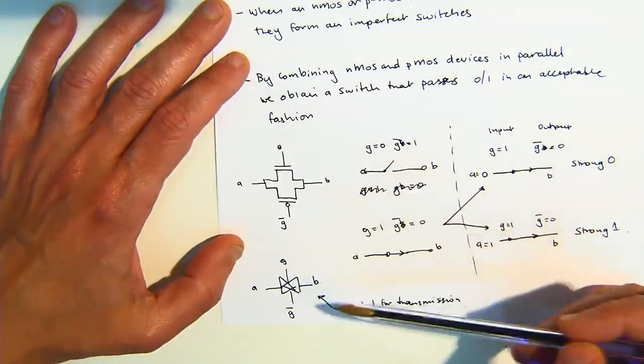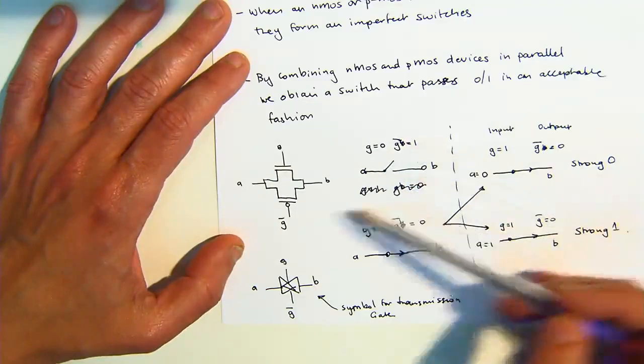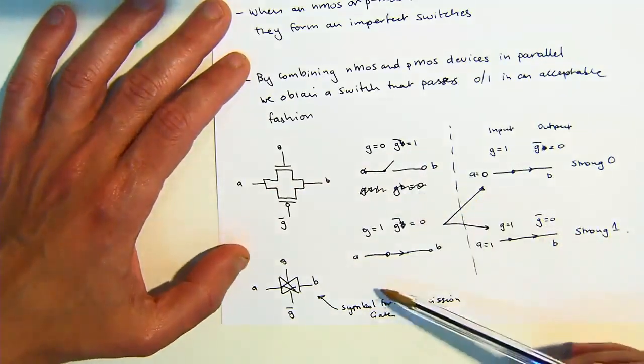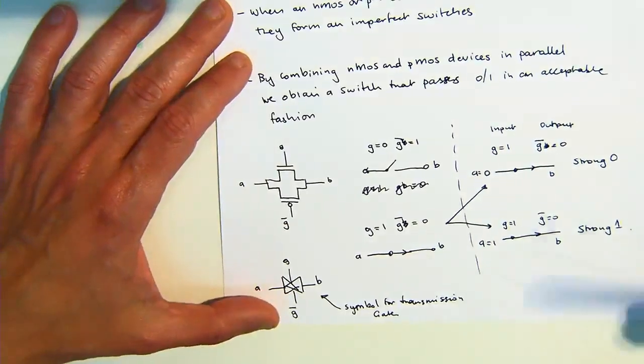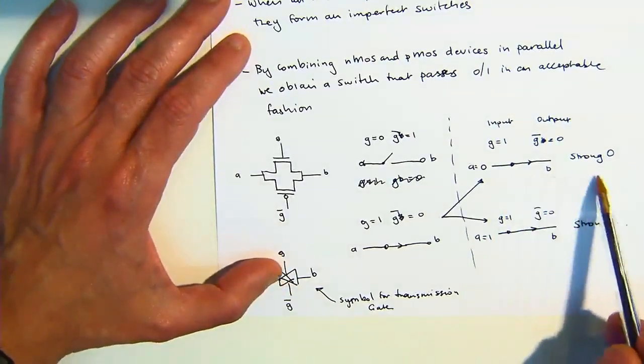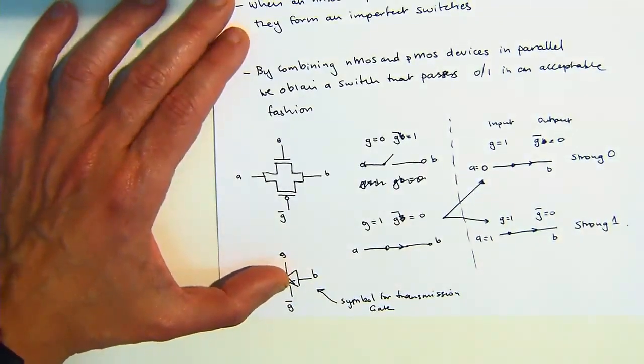If the gate is 0 and G bar is 1, this is an open circuit. If it's 1 and 0, it acts as a short, and it allows us to transmit both zeros and ones appropriately, with minimal noise or minimal distortion. So that's the concept of a transmission gate. It's critically important, and it's used in multiple places.